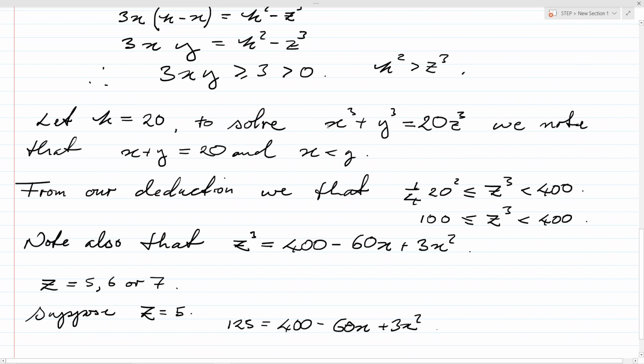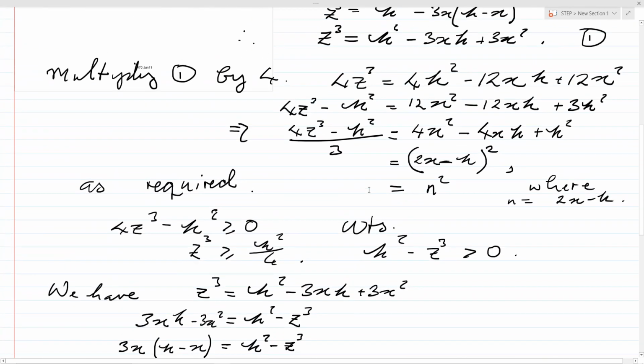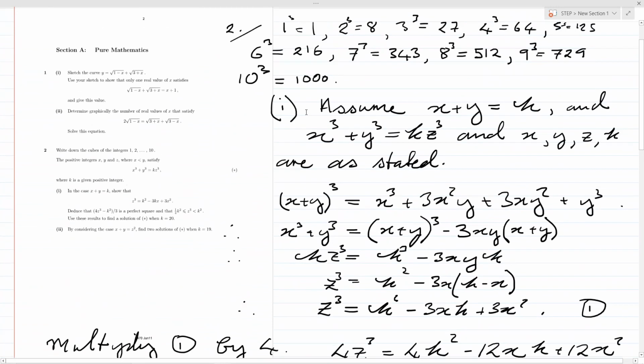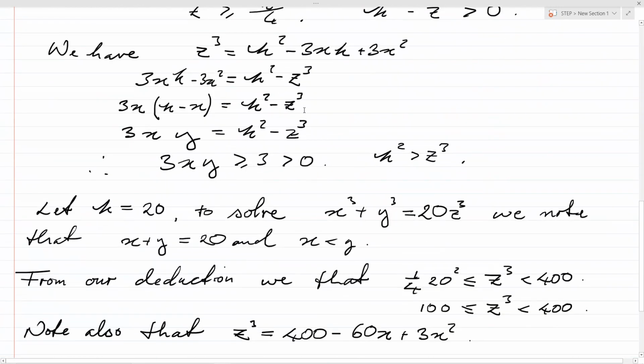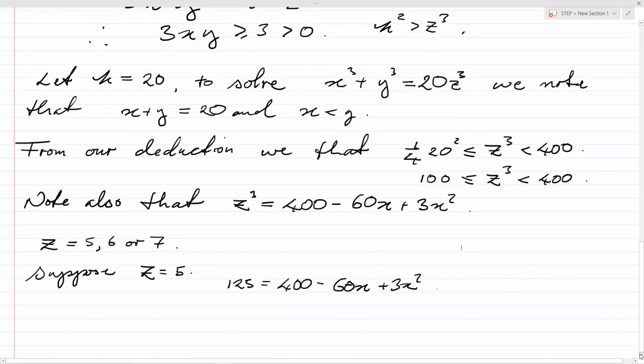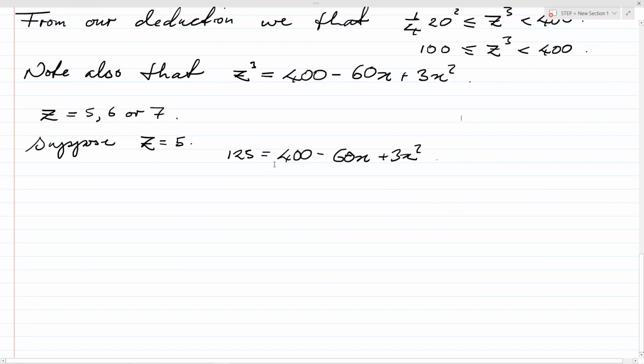If z is 5 and x is impossible because we have this expression here, which is logically equivalent to our original equation, then what we're going to get is an impossibility. So if this isn't satisfied in the integers for a value of x, then it's impossible to solve our original equation. So let's see if we can do it.